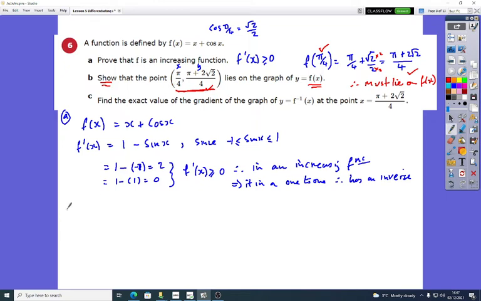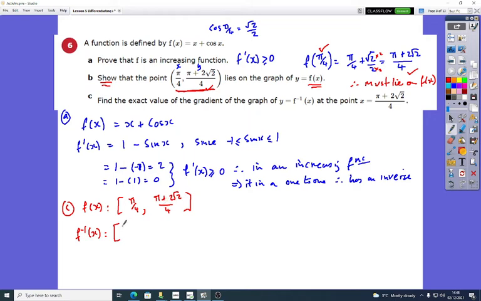So if I put C here, remember that if you've got f of x, and this is the point, pi over 4 and pi plus 2 root 2 over 4, then if you're talking about the inverse function, they switch over.